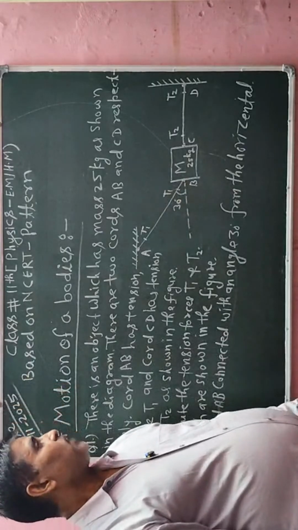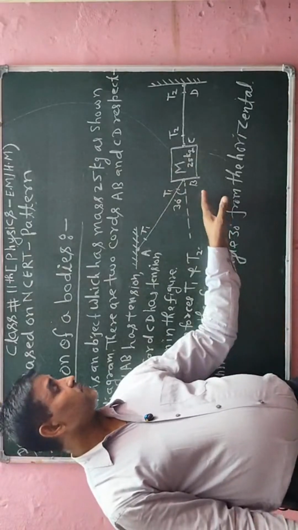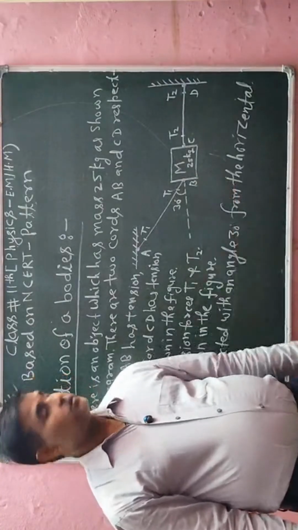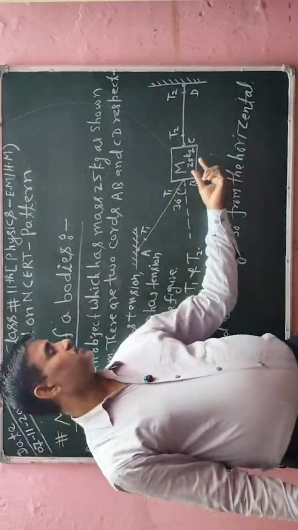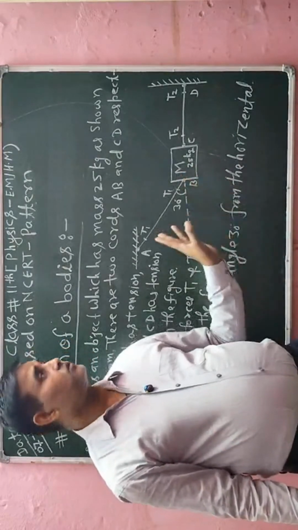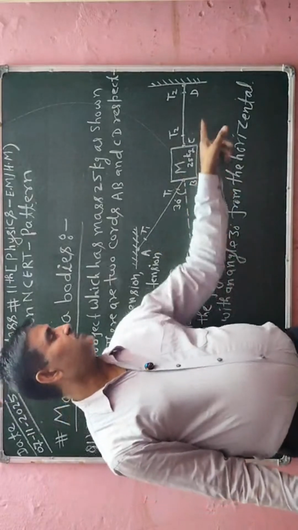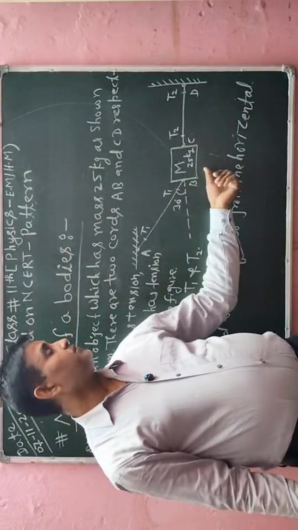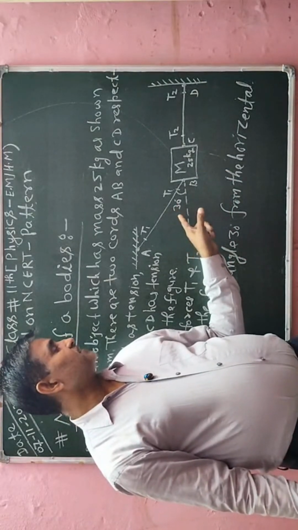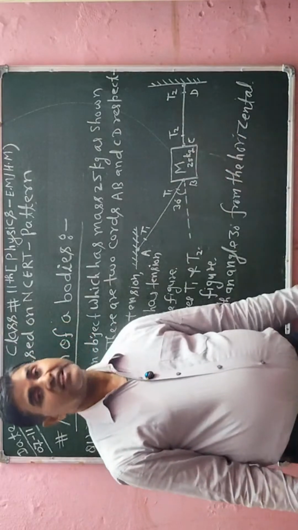Okay, students. I hope that each and every student has already understood this question, because there is an object which has mass 25 kg and it is connected with two strings, meaning two chords. One chord is AB and the other is CD. Now AB makes an angle of 30 degrees from the horizontal, but CD makes an angle of 0 degrees.